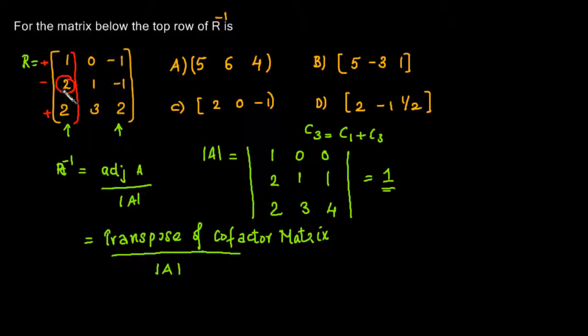We have to delete this row and this column and find out the determinant, that is 2 into 0, minus 1 into 3, that is plus 3, and we have a minus outside. So the cofactor corresponding to 2 is minus 3, and this will be the middle element. So clearly option B is the correct answer.